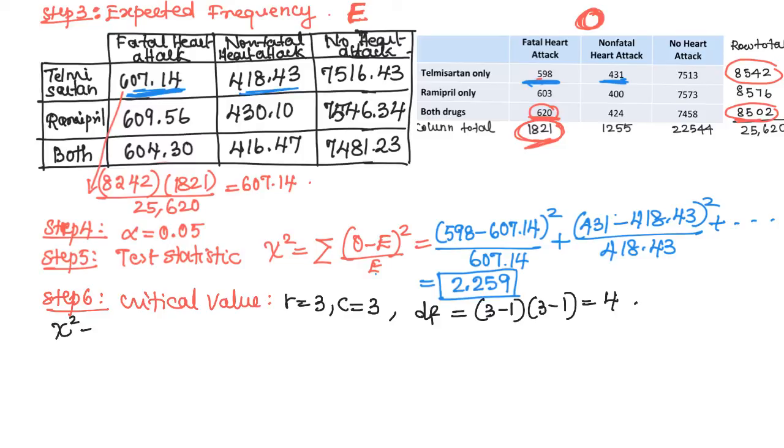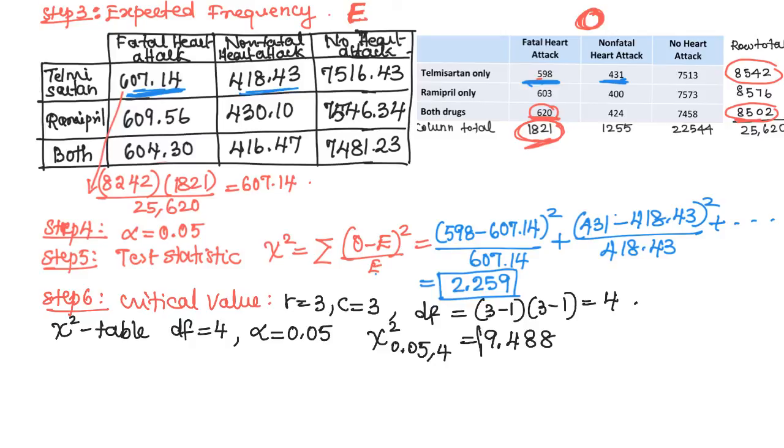So in the chi-square distribution table, look at degrees of freedom 4 and the column alpha equal 0.05. Then you will get chi-square 0.05 equal 9.488. So that is the critical value.